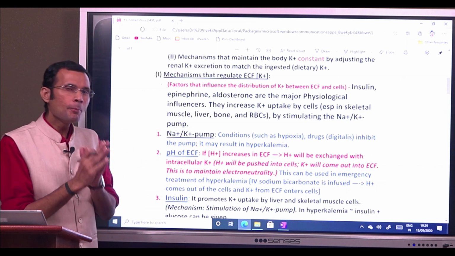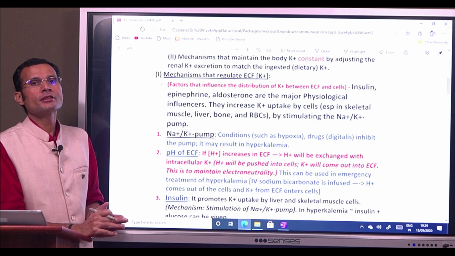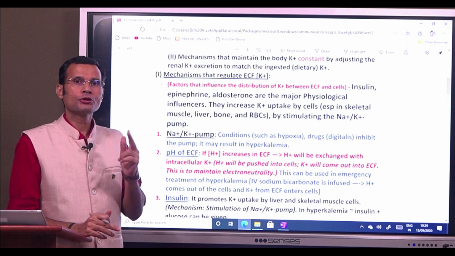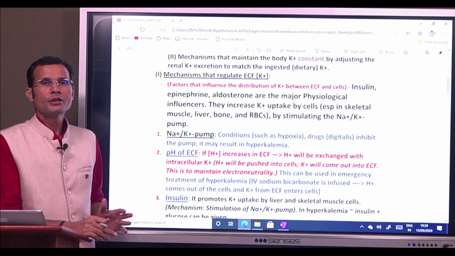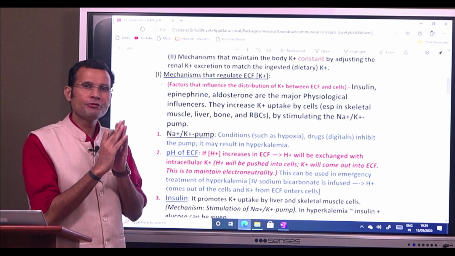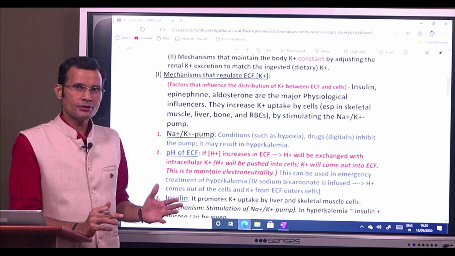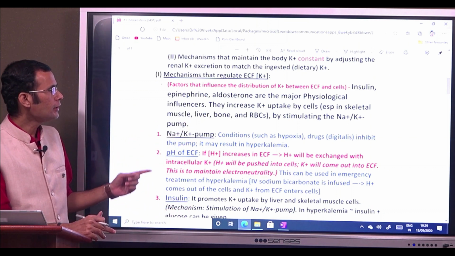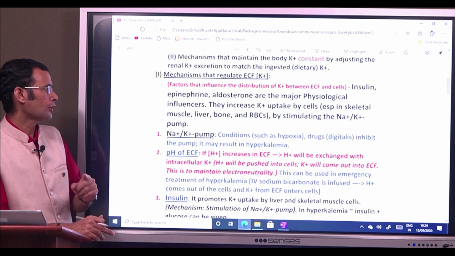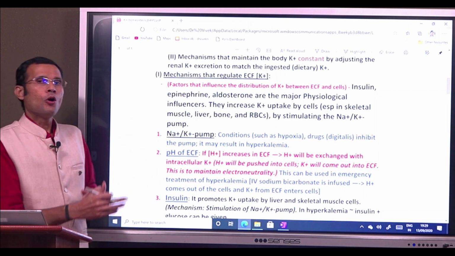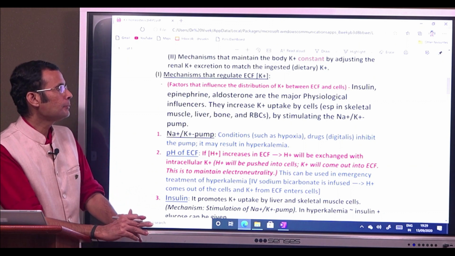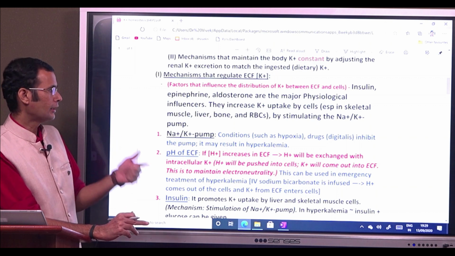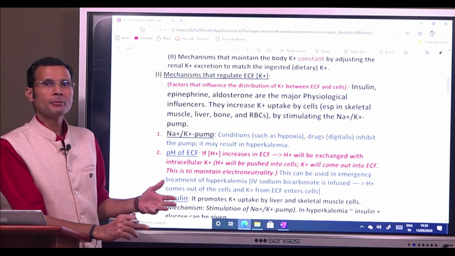Well, the most important physiological influencers are insulin, epinephrine, aldosterone. Remember them? These three are the most important physiological influencers of the ECF potassium. Insulin, epinephrine, aldosterone. All three of them increase the potassium uptake by the cells, especially the skeletal muscle, liver, bone and RBCs.